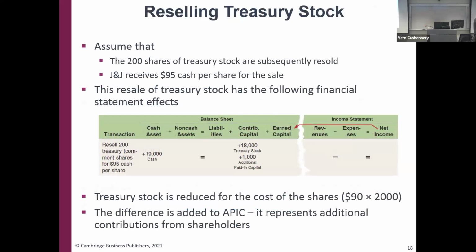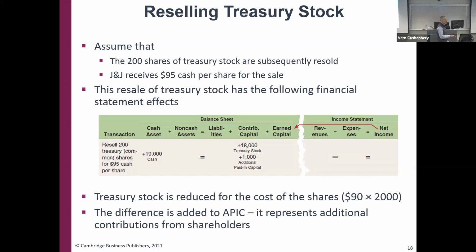Okay, reselling treasury stock. Let's say J&J did their job. They went out, they spent $18,000 on treasury stock. It was undervalued, and a year later, they sell that same $18,000 worth of treasury stock for $19,000. It's exactly the way buybacks are supposed to work. The signaling is real in an instance like that.